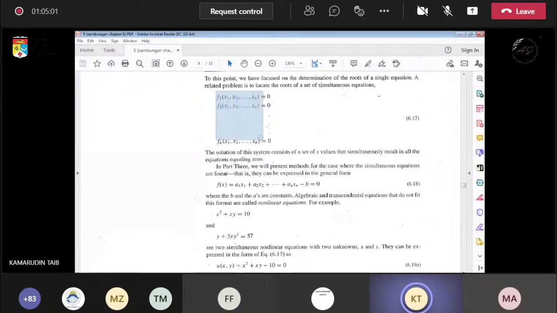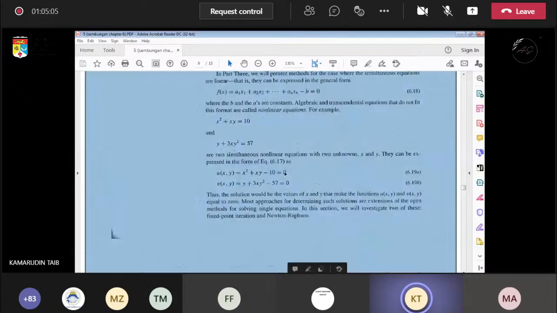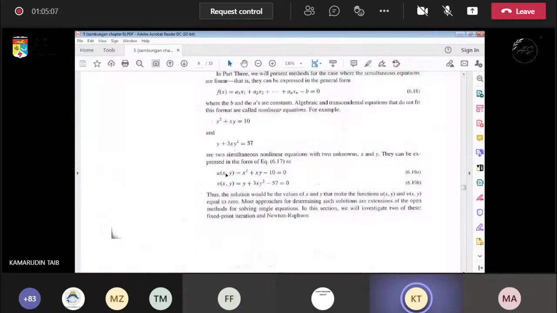Here, u equals x squared plus xy minus 10 equals 0. That means we bring this 10 to the left-hand side. And v equals y plus 3xy squared minus 57. We bring the 57 to the left-hand side and set it equal to 0.